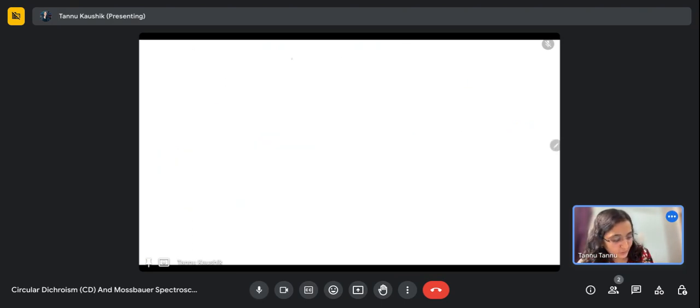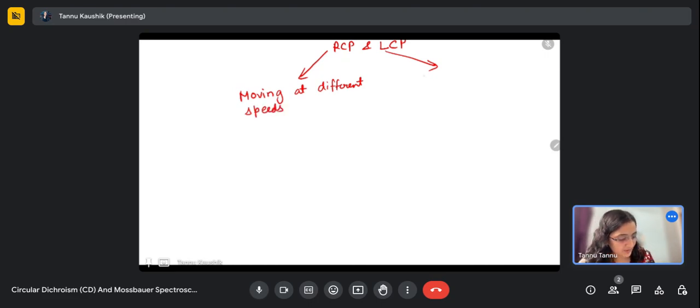So now there can be two cases. One is that these RCP, right hand circularly polarized light, and LCP, left hand circularly polarized light, are moving at different speeds through the media, that is the sample we have taken, chiral or achiral, whatever it is.